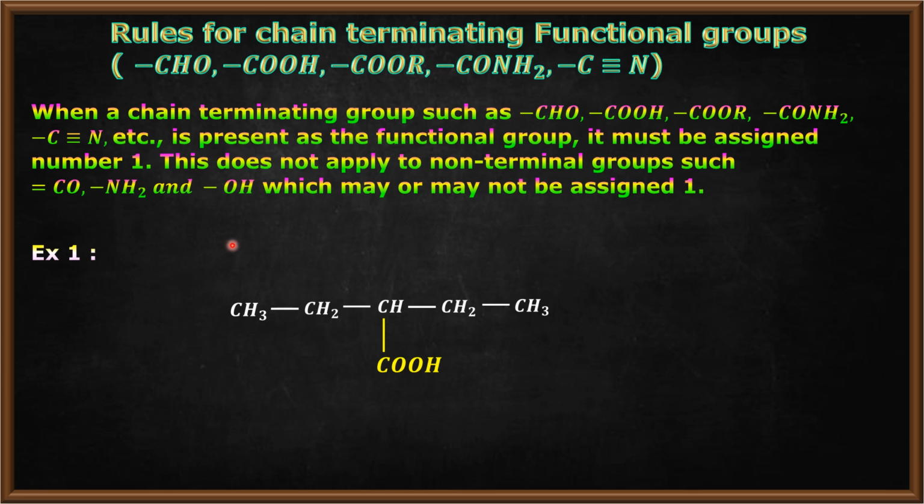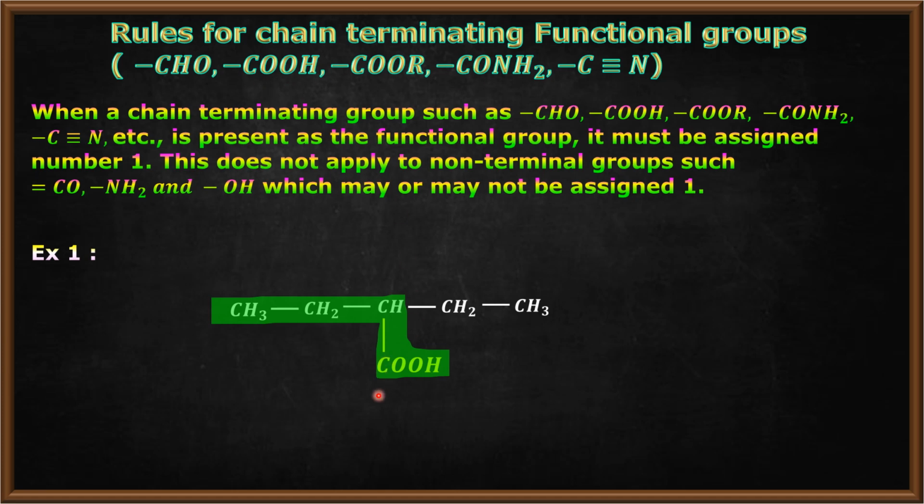This is an organic compound that contains one functional group, namely COOH, the carboxylic acid functional group, and we have to select the longest chain of carbon atoms that includes this functional group. So this is the parent chain, and while numbering the parent chain, you have to look at it because it is terminated by one of these functional groups, COOH.